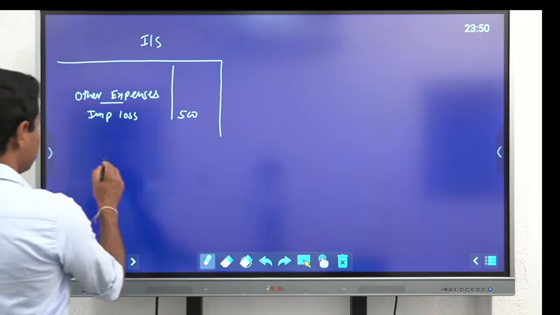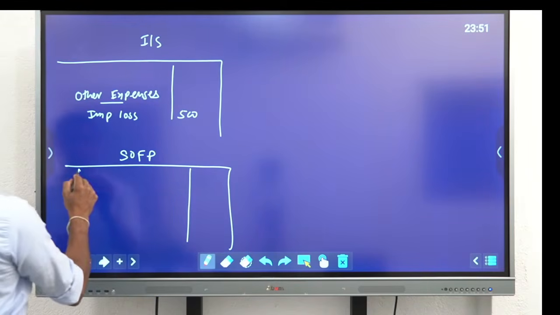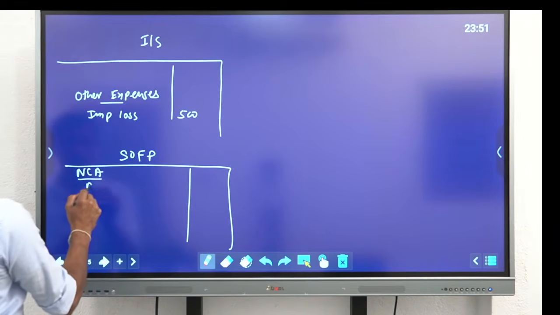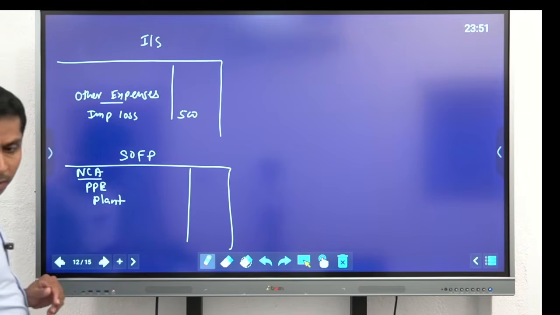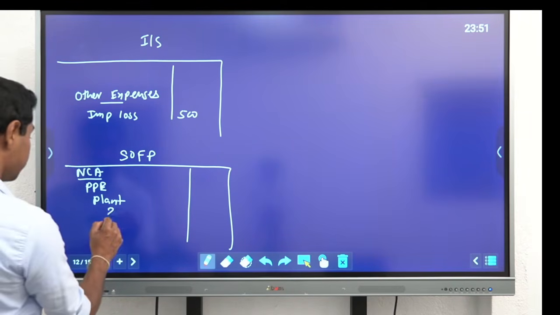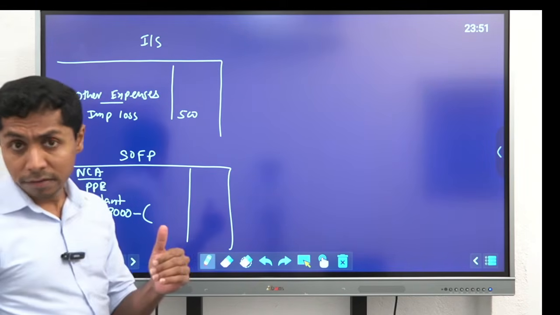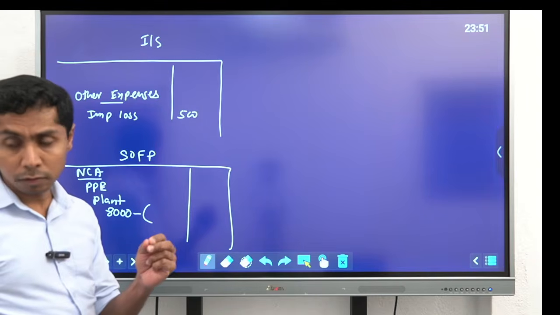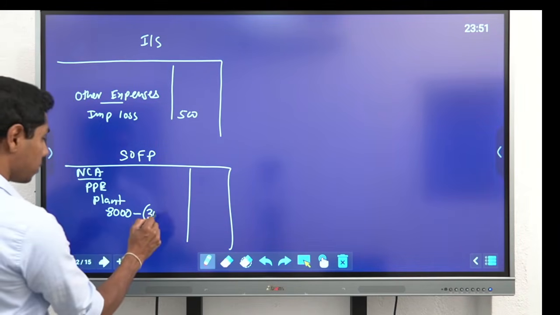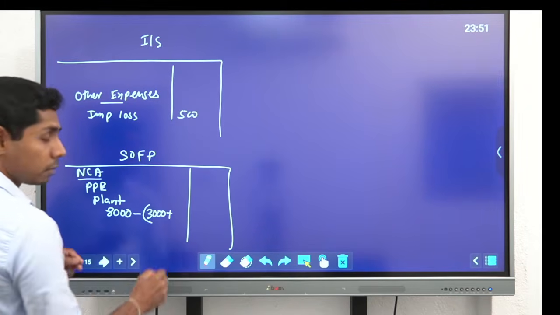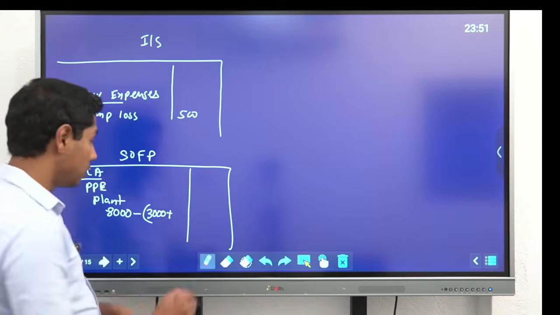And in the statement of financial position, under non-current asset, under PPE, plant, cost of the plant is 8 million. And the accumulated depreciation as at 31st March 2025 was 3,000 as I remember. Plus the impairment loss recognized is 500.